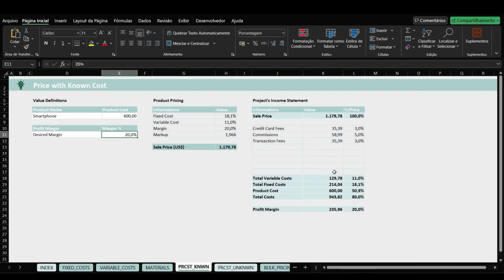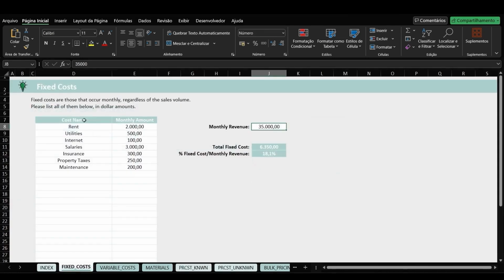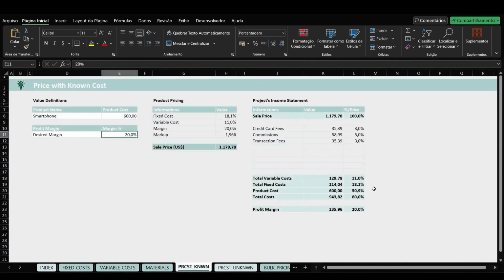Why $214? Because you remember, back in the fixed costs you entered, your total fixed cost value, compared to how much you sell, was 18%. For every sale you make, you need to save 18%, so that monthly 18% portions you've been accumulating, the total fixed cost offsets them.